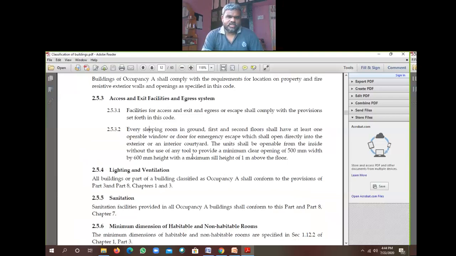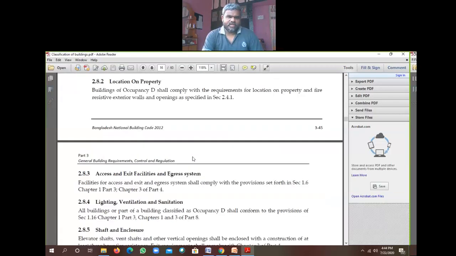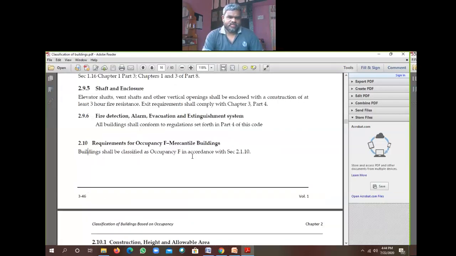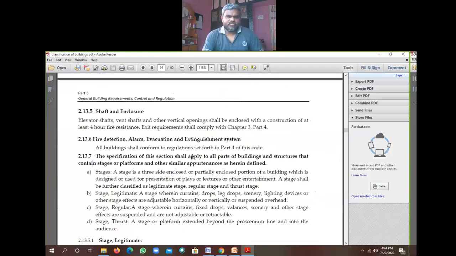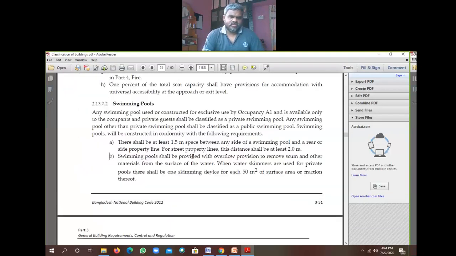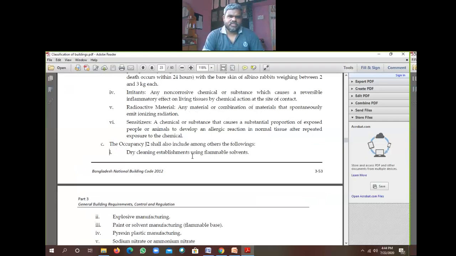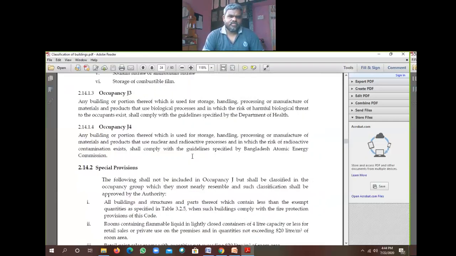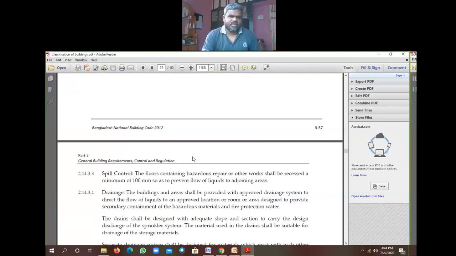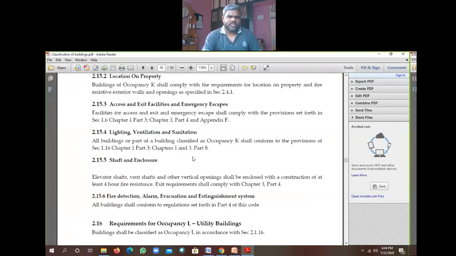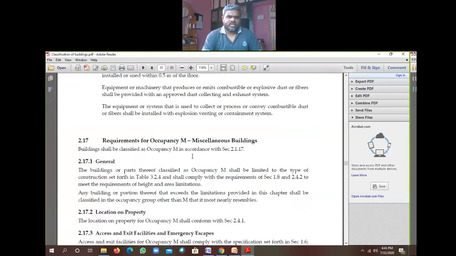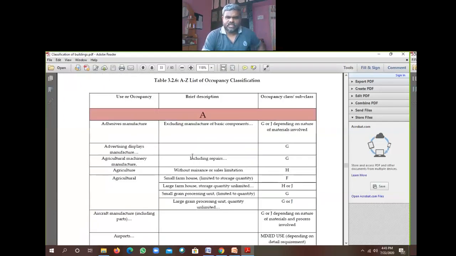So this is the National Building Code that I'm reading here. These are some of the regulations which are further given: height of the building, measurements of the building, what the different sizes will be, light requirements of different buildings I have given.